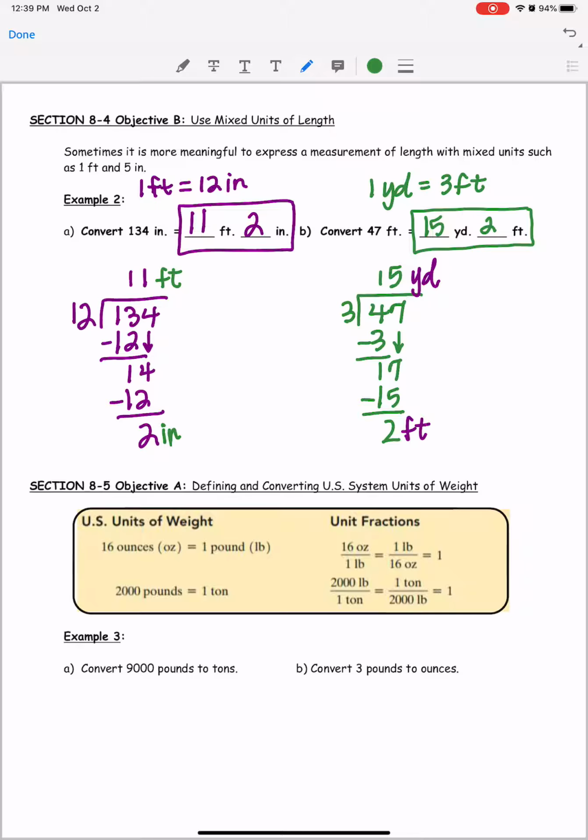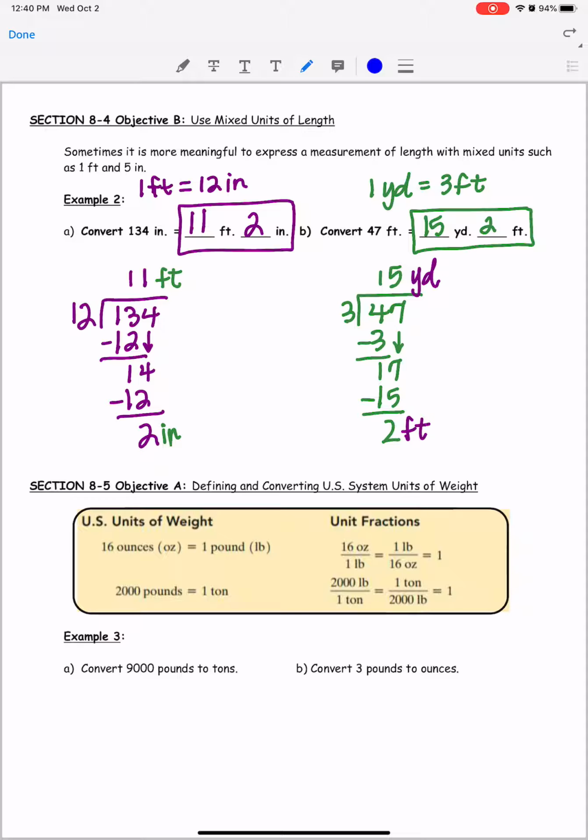Okay, so those are a little bit different, but 3 and 4 will be the exact same as what we just did, but now I'm converting units of weight rather than length from before. It's the exact same concept though, just now I have different conversions.